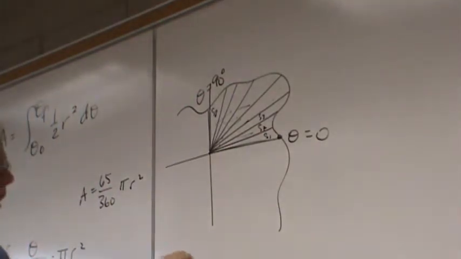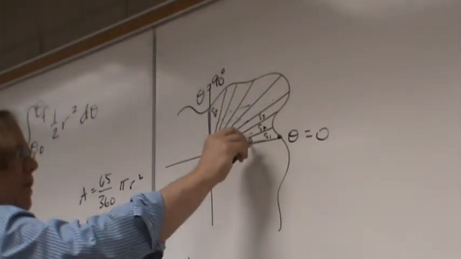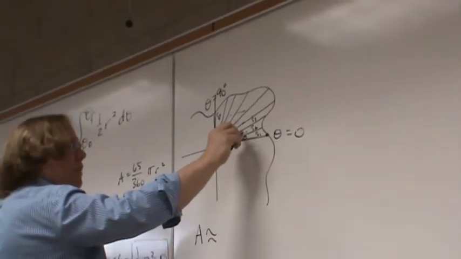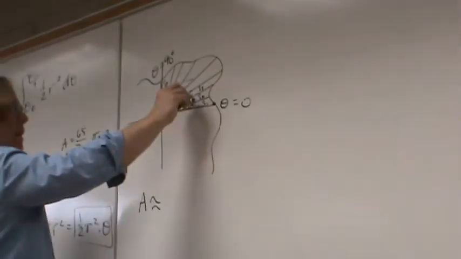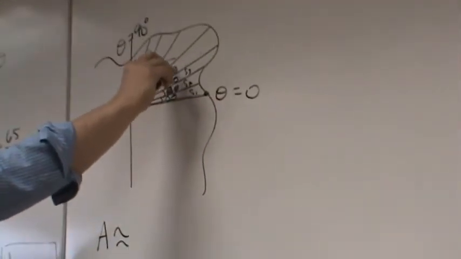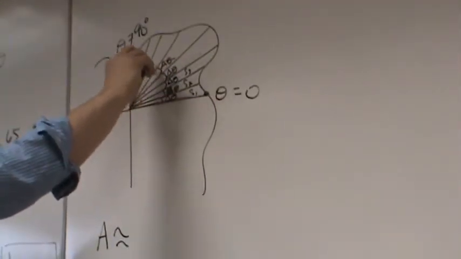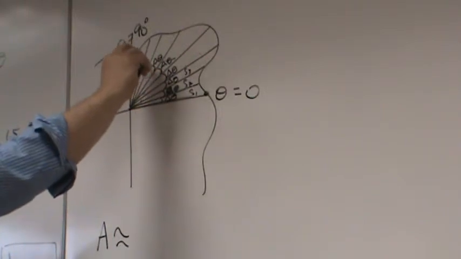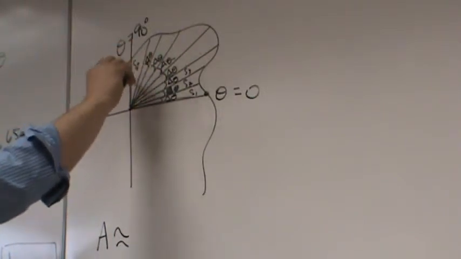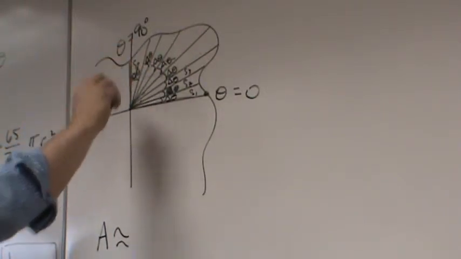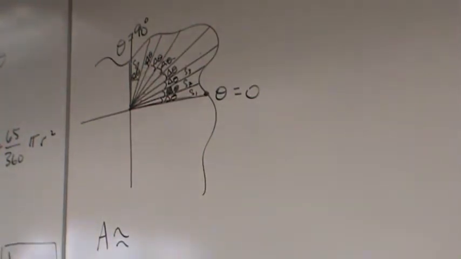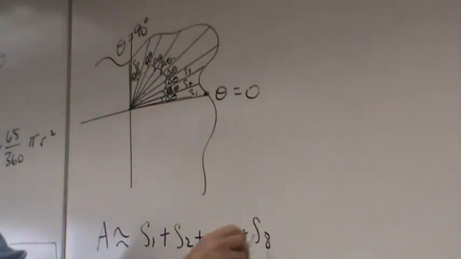And so I can say the area is approximately equal to, let's say this is delta theta, and each one of these thetas is identical. I didn't draw it that way, but let's just pretend. So every little sector has an angle of delta theta. Then my area is going to be S1 plus S2 plus dot, dot, dot, all the way to S8.